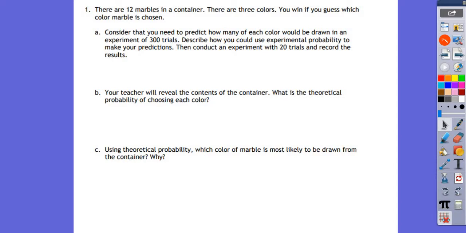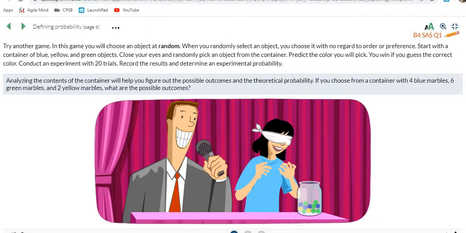First thing is, imagine I have a jar and I have 12 marbles in that container. There are 3 different color marbles in the jar. If you pick the correct color I pick, then you win. So on A, first, here's a picture of my jar.